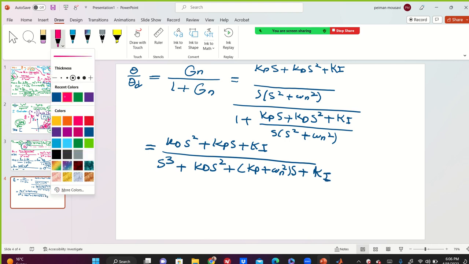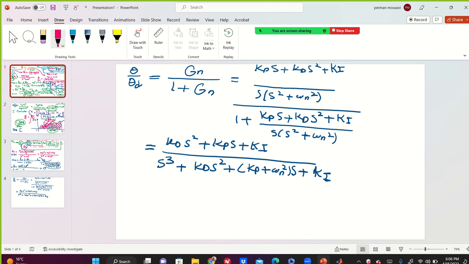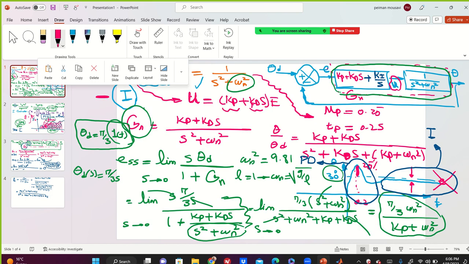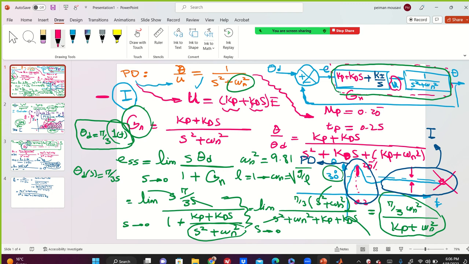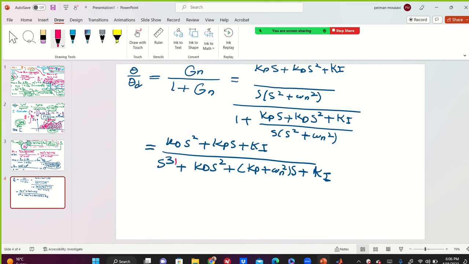After adding the I controller, look at here, guys. Don't write. With the PD controller, we still had a second-order system with KD, KP, omega n squared. But after adding the I controller, the system order increased to how much? 3. These are the same, but we added a KI here. See what I'm saying? Yes? Everybody?